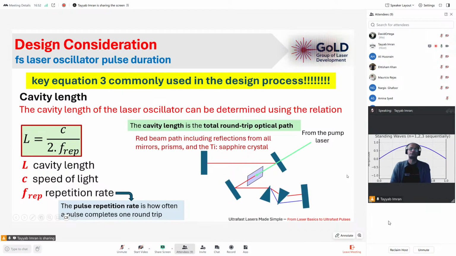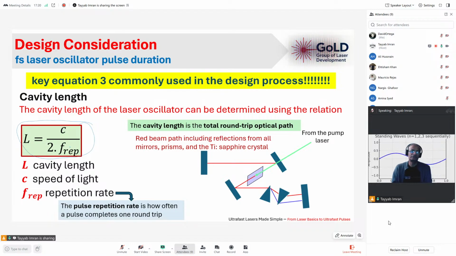Cavity length. Cavity length is the most important thing. If you see this equation, L is equal to c over 2 f.